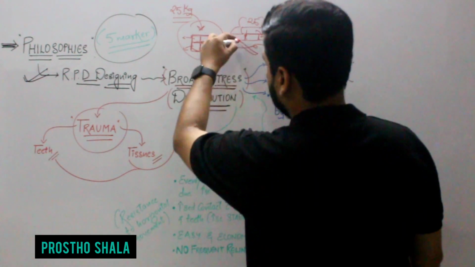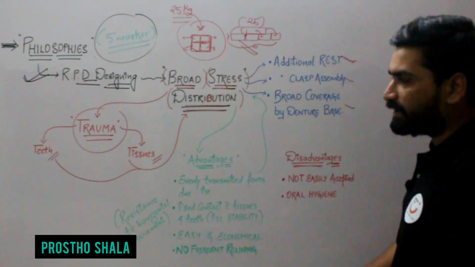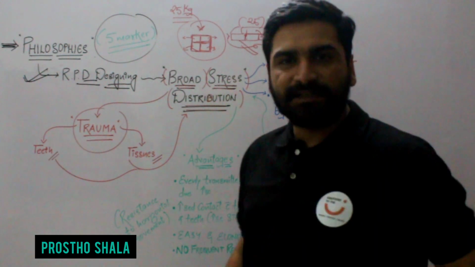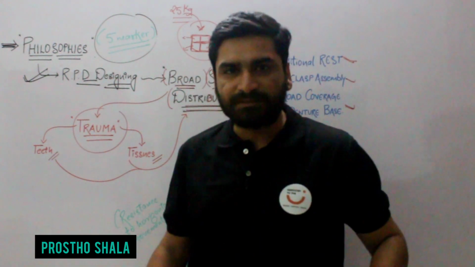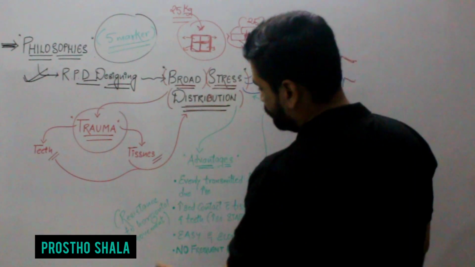So this is what broad stress distribution is. You are increasing the number of occlusal rests, clasp assemblies, and the extent of your denture base areas as much as possible.